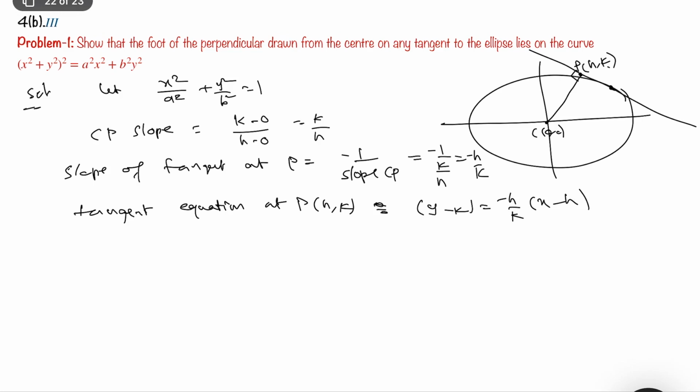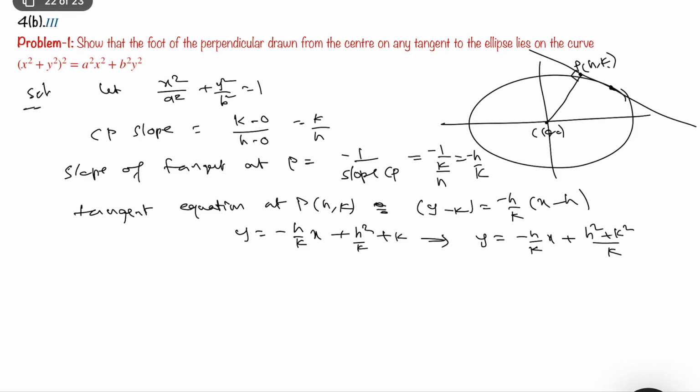Now let me write down this line in slope intercept form. y equals minus h by k x plus h square by k plus k. Let me write further, y equals minus h by k x plus (h square plus k square) by k.